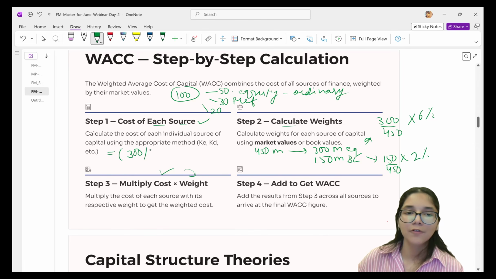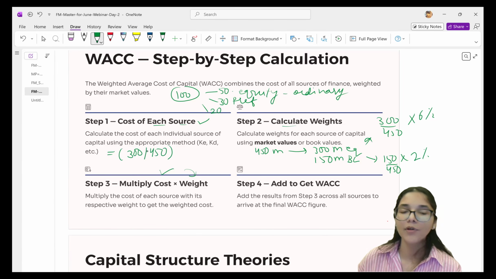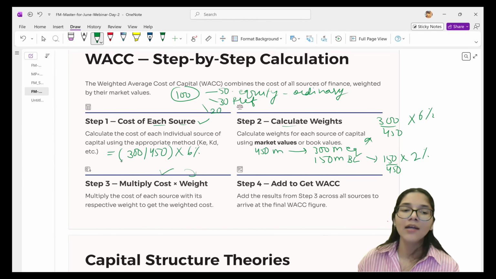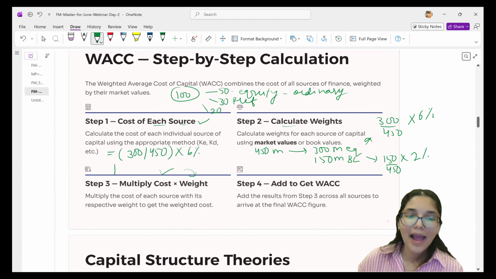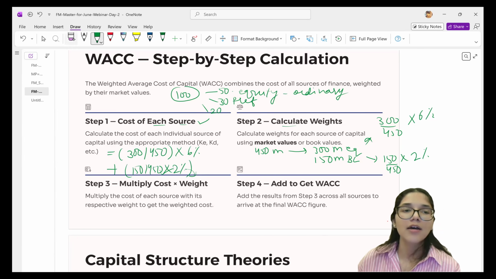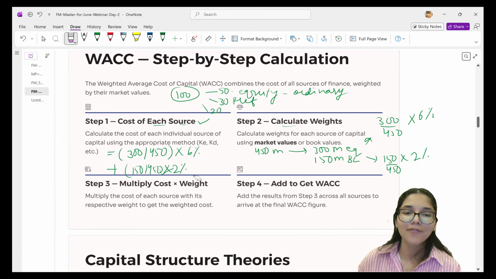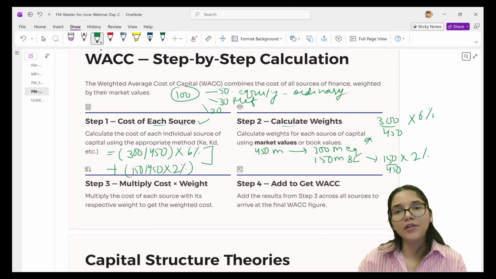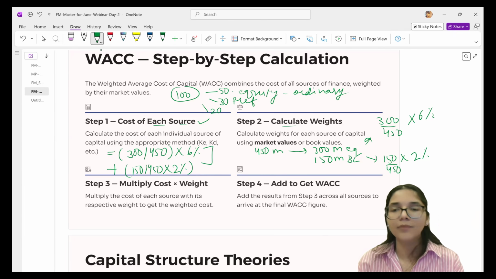Divide this by the 450 figure of the total, close the bracket and then multiply by 6%. So this will give you the overall cost of equity. Then you are going to add to this particular number 150 divided by 450 into 2%. So this is how you will write the brackets and everything, and then ultimately you're going to add both of these cells together to get to your final answer of the weighted average cost of capital.